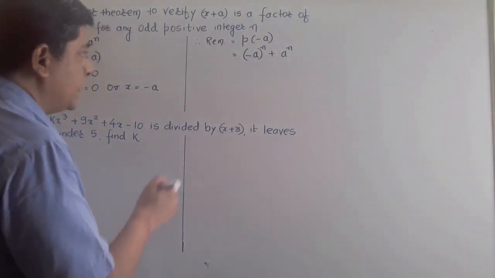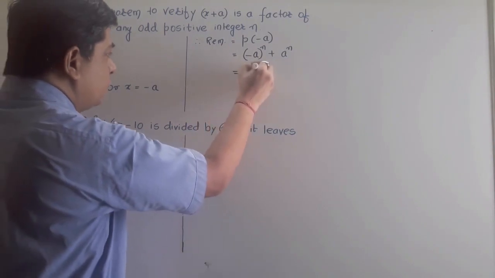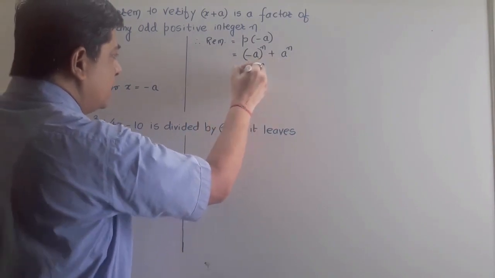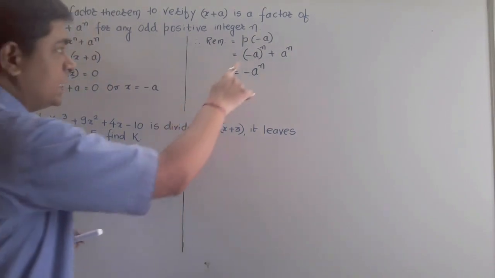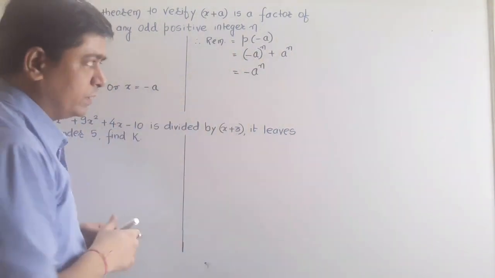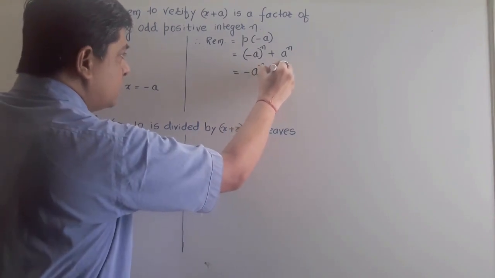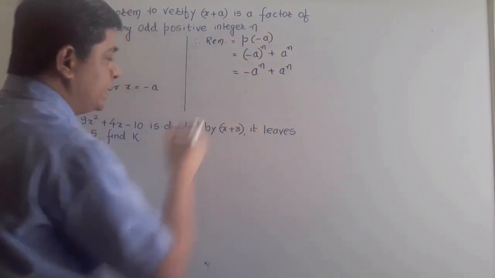So here a to the power n remains a to the power n, and along with that the minus sign comes because it is under the odd power. And then the remaining term is a to the power n.